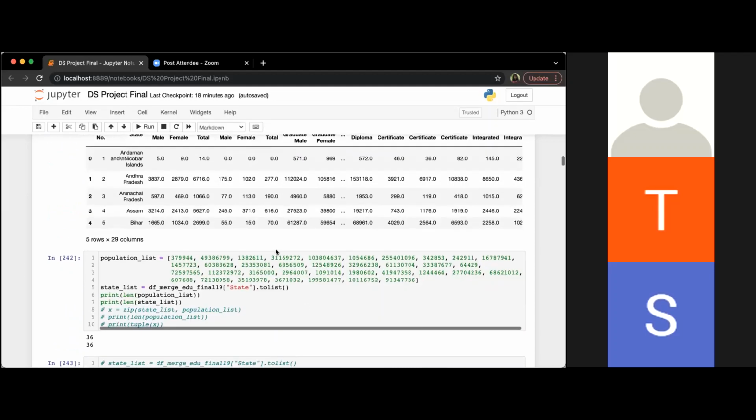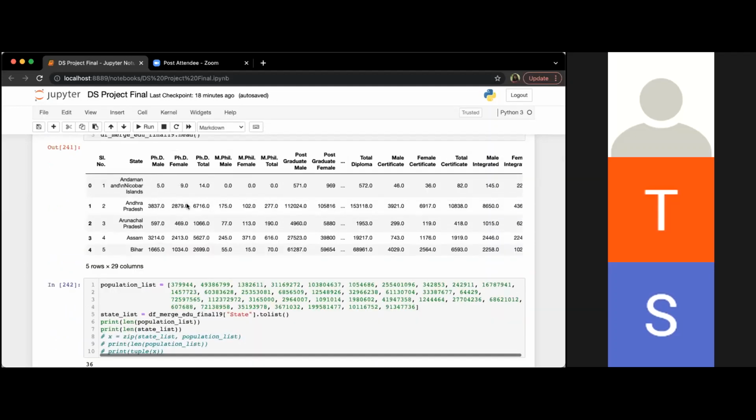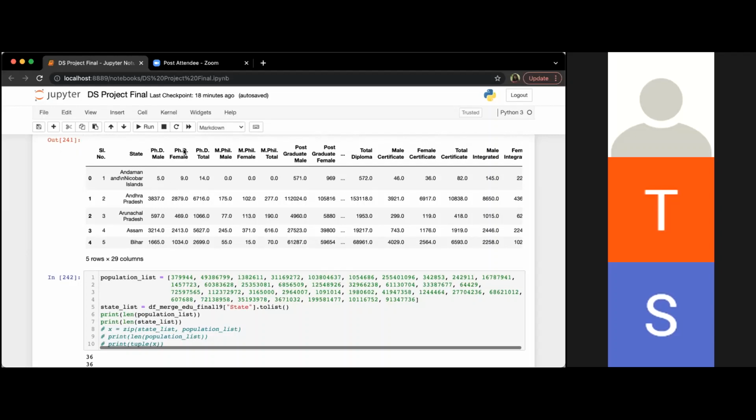Here, our data represents the total number of PhD, male, female, total, etc. in each state.